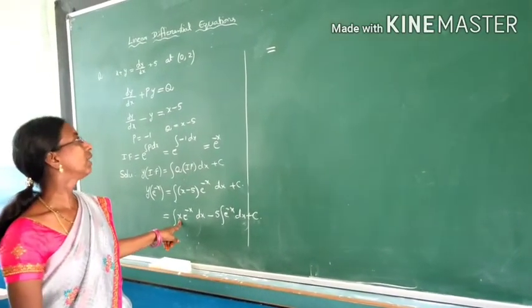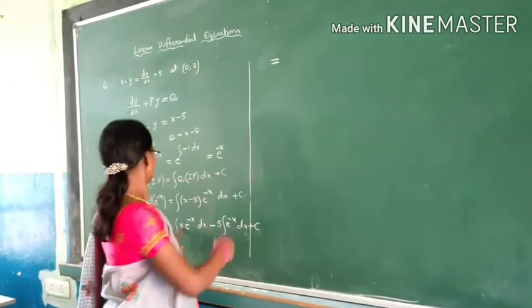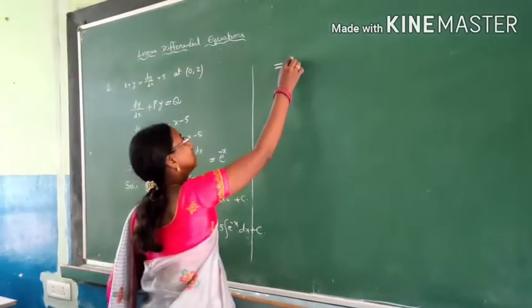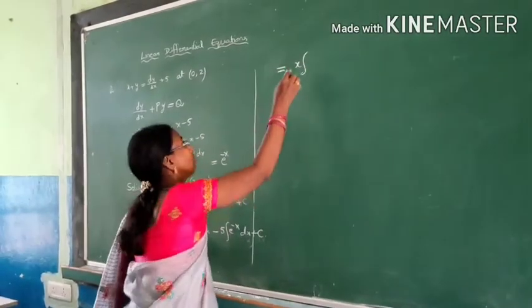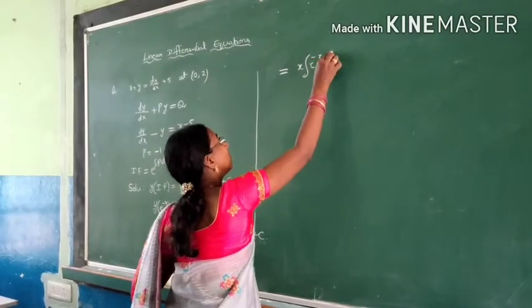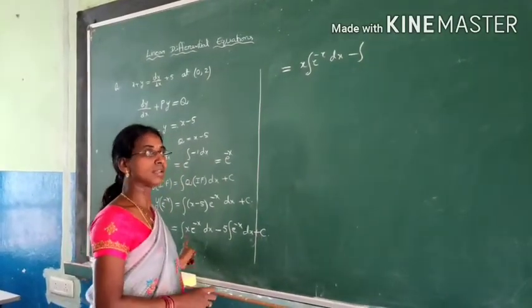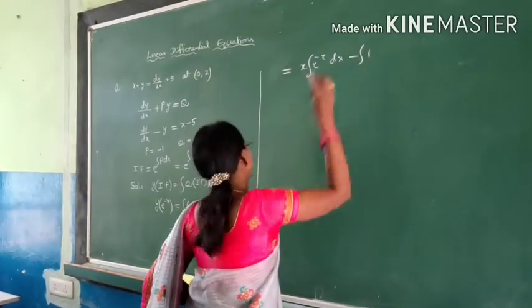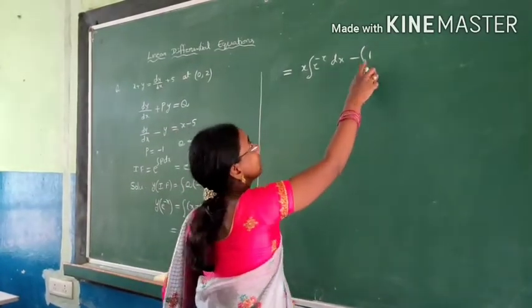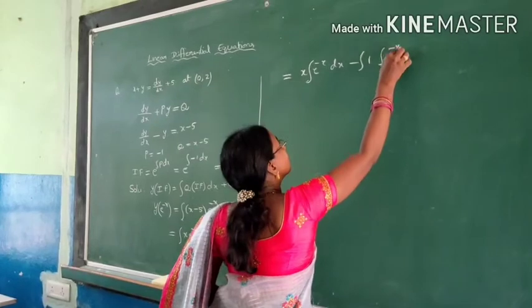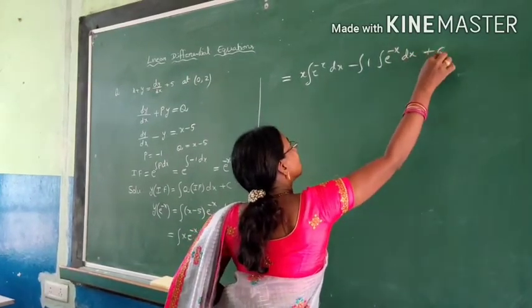So f of x is x, integral of g of x dx, minus the integration of f dash x, where f dash x is nothing but 1 here, times the integration of g of x dx plus c.